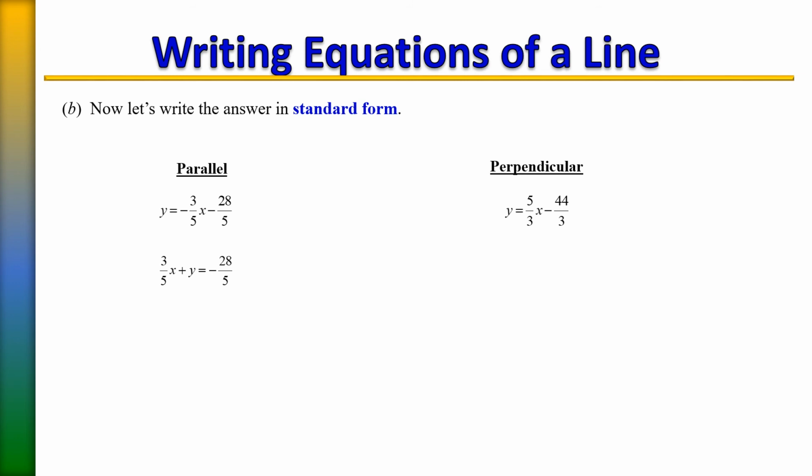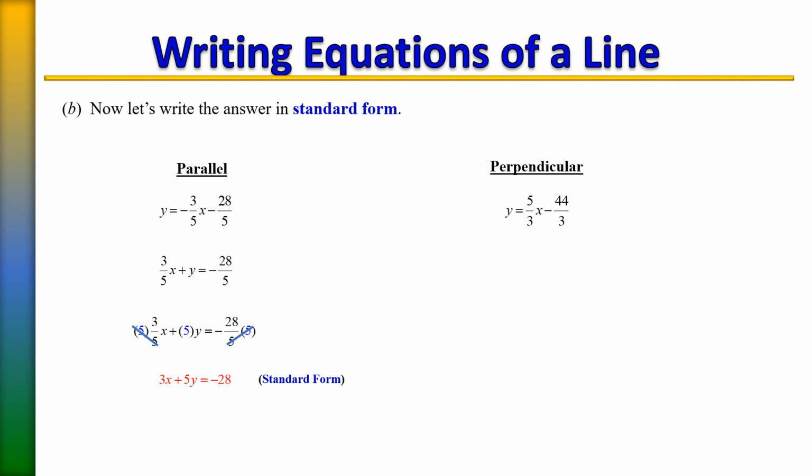Recall, you simply clear the fraction by taking the denominator and multiplying all parts of the equation by that denominator. In this case, our denominator is 5. So we're going to multiply all three parts of the equation by 5. We can go ahead and cancel the common factor from the first and that last term there. And that's going to leave us with a standard form equation of 3x plus 5y equals -28.